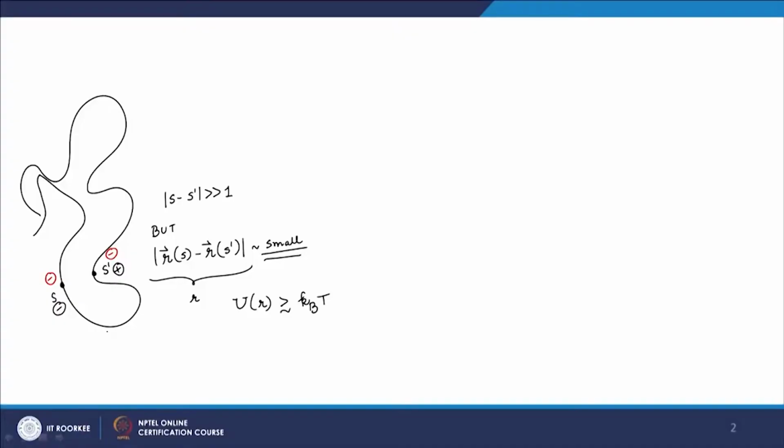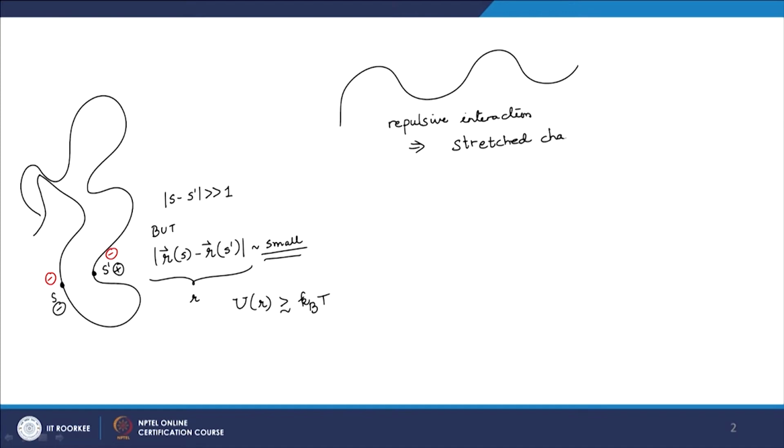So, the one thing that is not difficult to see is for repulsive interactions, we have a stretched chain, and for attractive interactions, we have a collapsed chain.